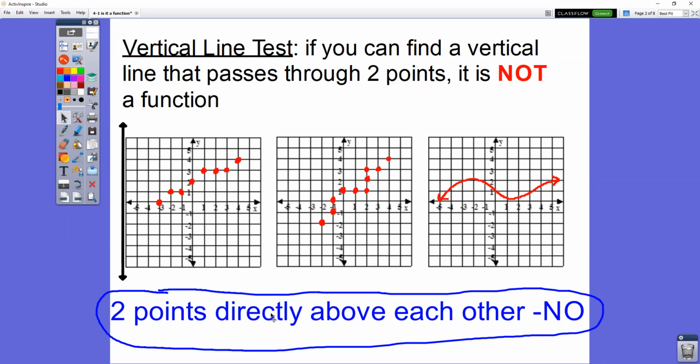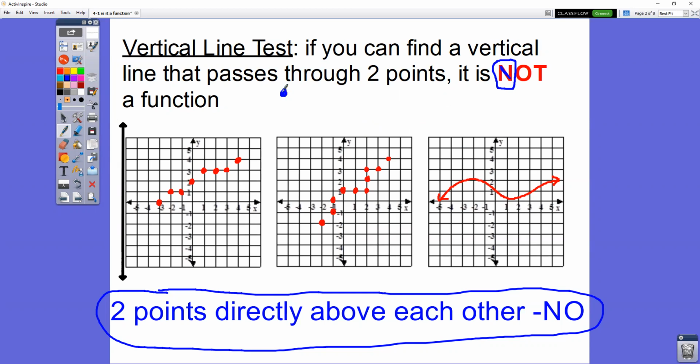So anytime that there are 2 points directly above each other, anywhere on the graph, that's when it is a no. Let me give you an easy way to remember this. Think about how you make the capital letter N. Most people, when they make the capital letter N for no, do the straight up and down part first.